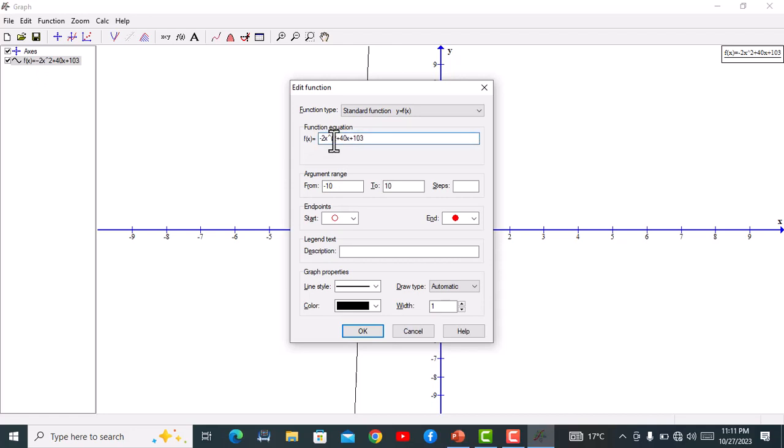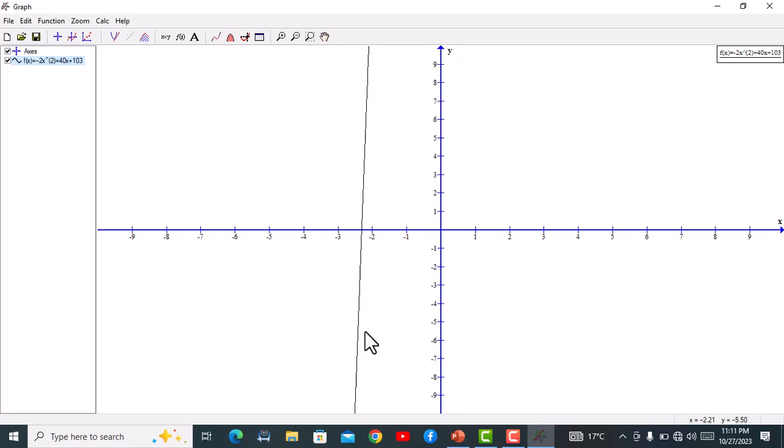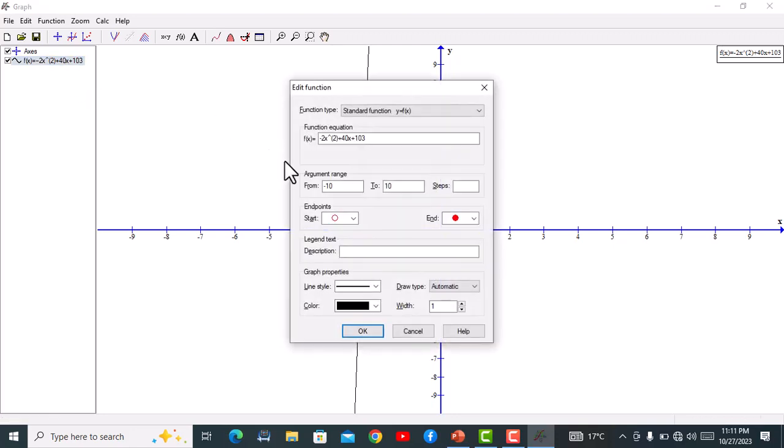Let me just do this so that we do not confuse things. So -2x squared. Let me just try to fix this. So we have -2x squared plus 40x plus 103.